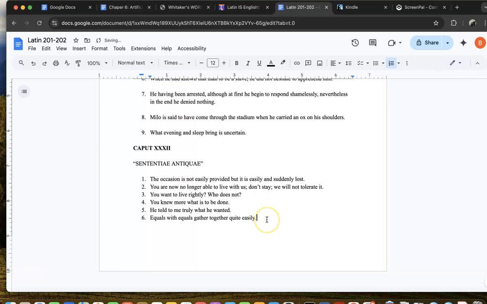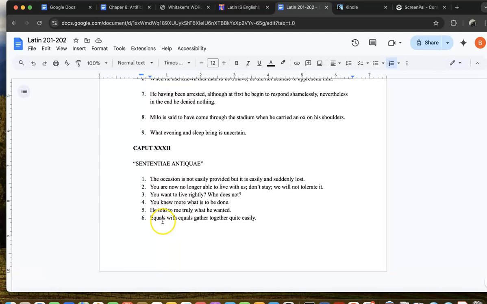Quite easily, very easily. Notice that in my translation, I took out the passive and simply made it indicative. So the ntur is passive, but as we've seen before, we can simply put it in the regular indicative.